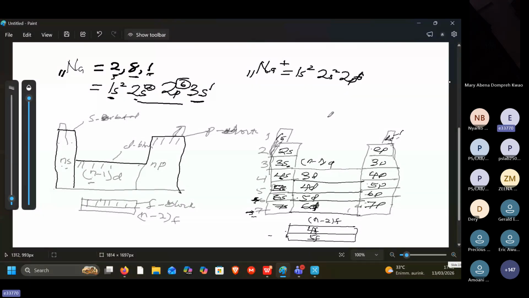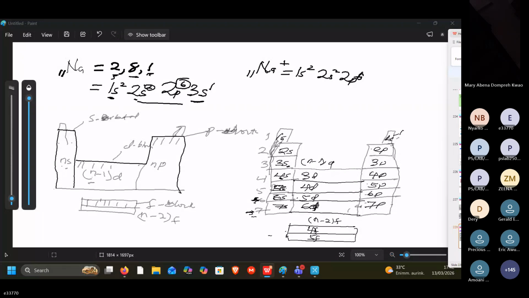So say for example, I'm using sodium. Now, which noble element comes before sodium? Can somebody help me? Neon.